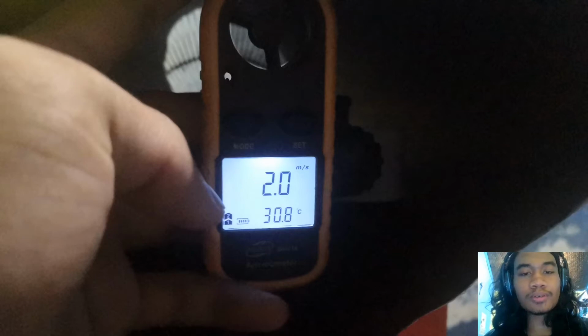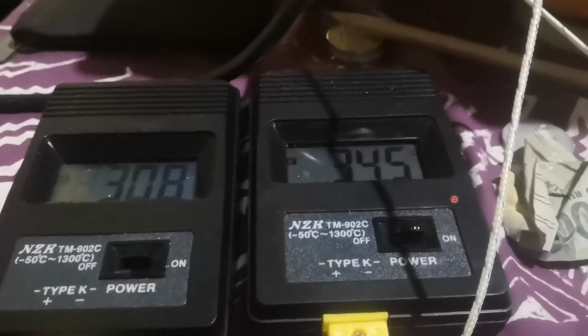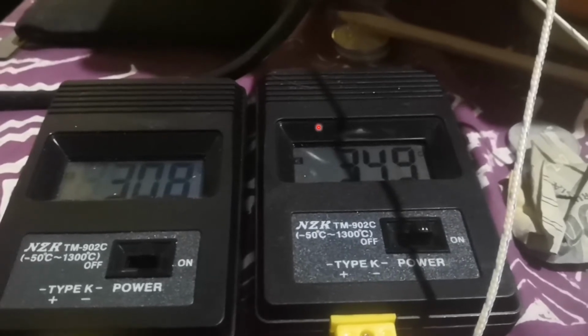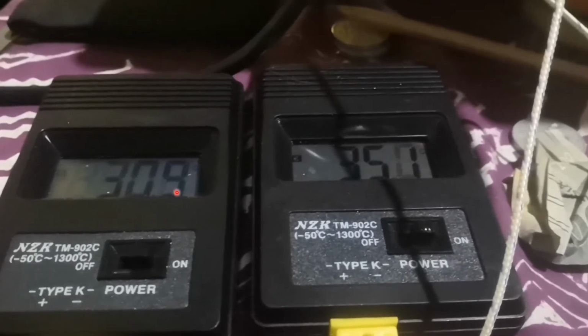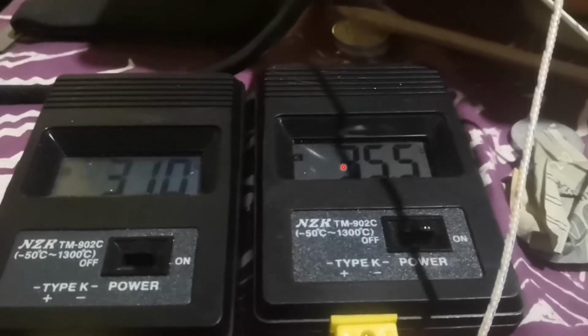Then we will measure the temperature. Again, before we measure the temperature, we cool down the specimen. So this is the initial temperature at first. On this side is the position nearer to the fan, and on the left side it is further from the fan.